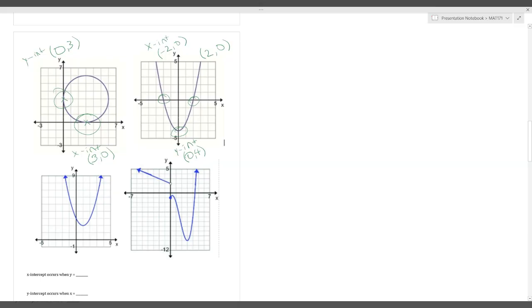Okay. This graph only crosses the axis one time. So we only have a y-intercept here, and that is at the point (0, 3).